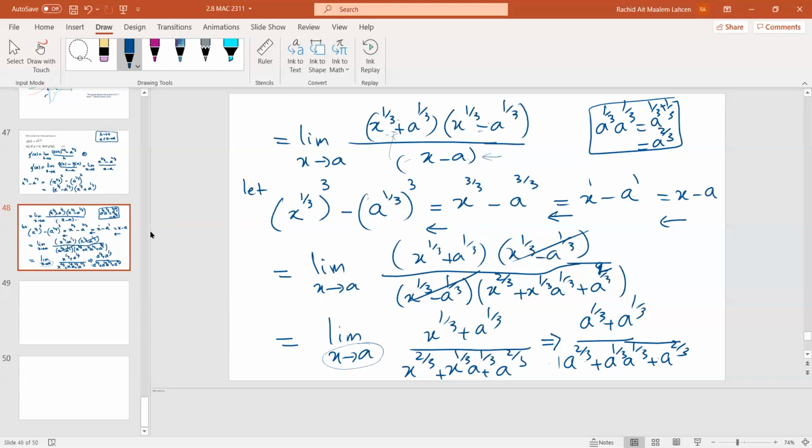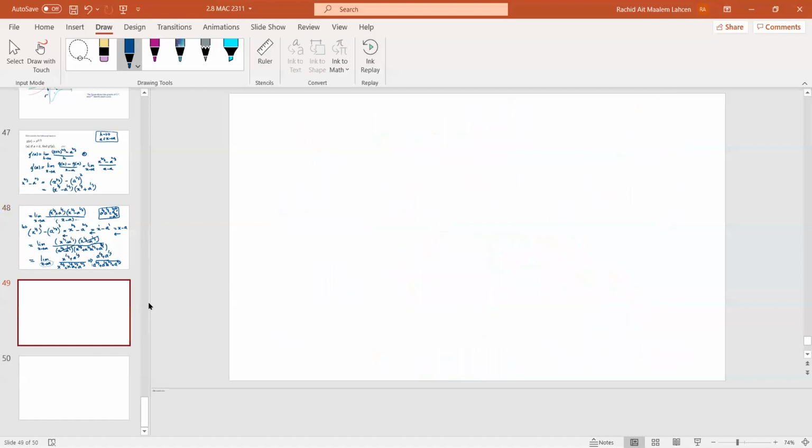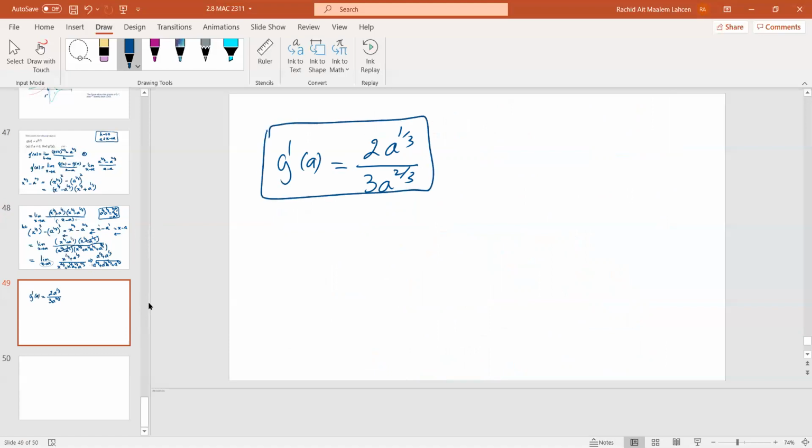So the final answer here is going to be 2 a^(1/3) over 3 a^(2/3). That's g prime of a. All right. I think that's it, and I will close this part. Thank you.